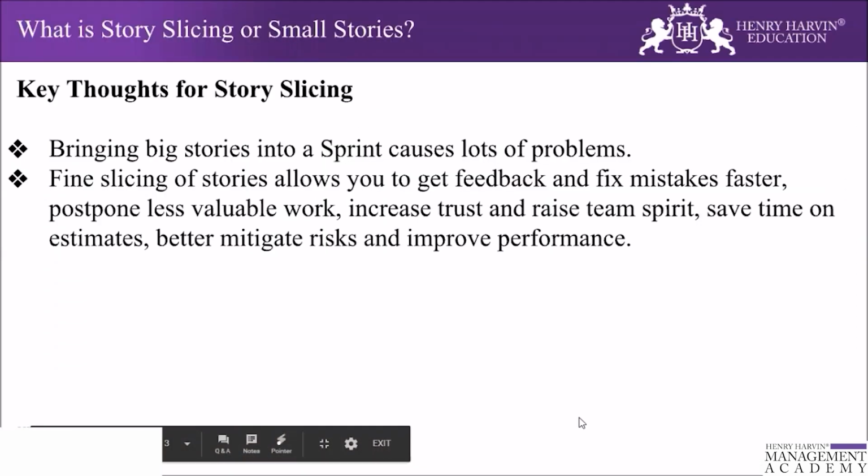The key thought behind user story slicing is that bringing big stories into a sprint causes a lot of problems. While we study the benefit of splitting the user story, if we don't split it, it will cost more in the longer run, and we will see why it is going to cost more in the longer run.